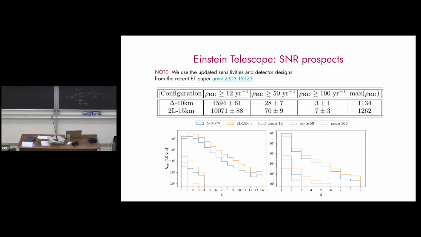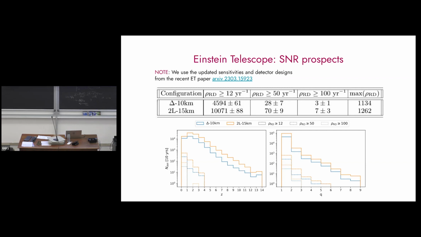But if you want to check how many sources have SNRs larger than 50 or larger than 100, very few of them will have per year. You start from a catalog that has 10 to the 5 events per year, and you end up with only 30 to 70 events per year that have SNR larger than 50. So this is an incredible damping.